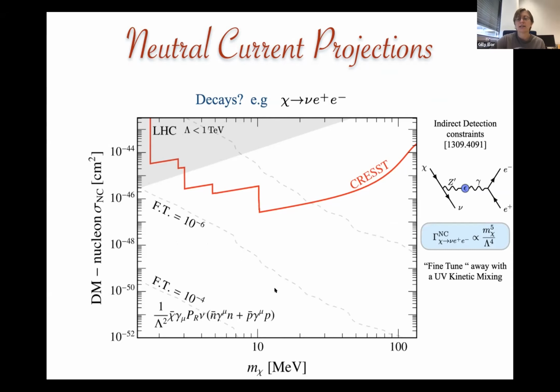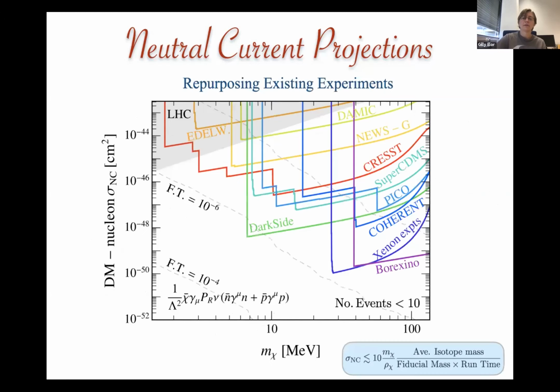And these lines just show places where you would fine tune the contributions to the decay by some other UV model, UV physics, okay? So the point is, from a theoretical perspective, this is slightly less appealing. But nevertheless, you can still search for these kinds of signals at various different experiments.